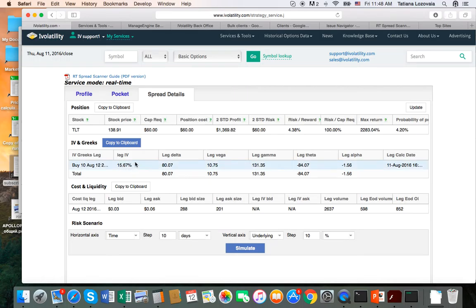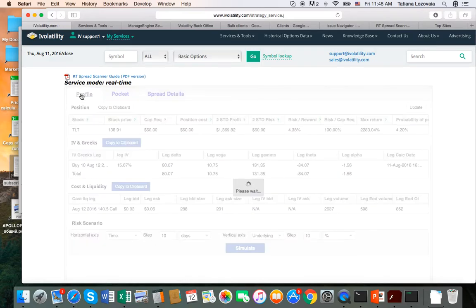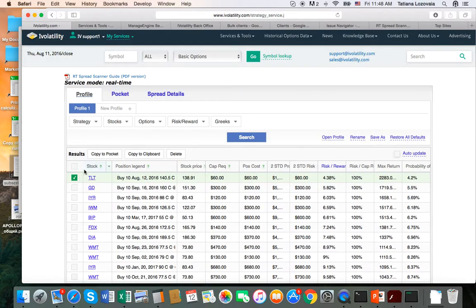Let's have another look. This is 15 vols, which is quite low. So generally it doesn't look expensive, it's slightly out of the money, which is good. It just costs us 6 cents. So I probably would choose this option.